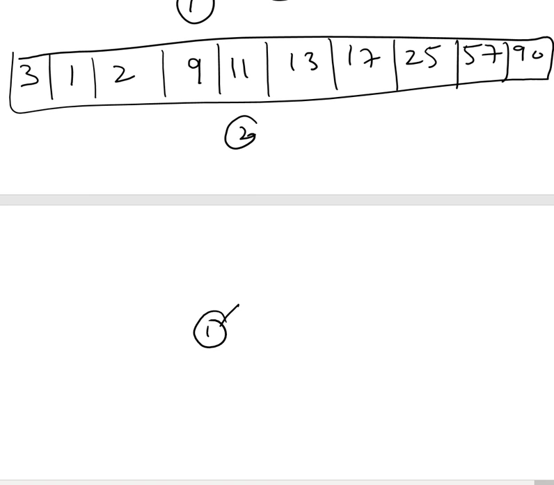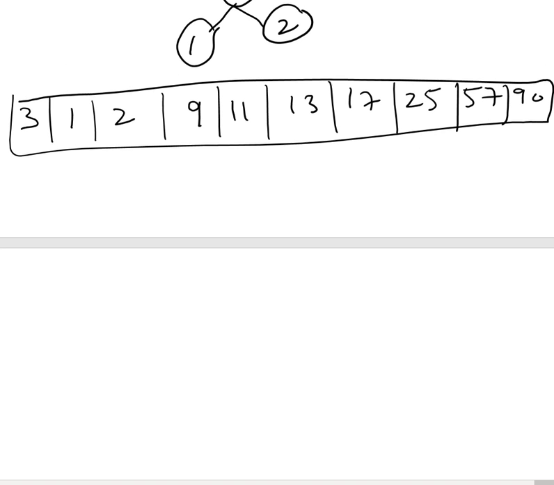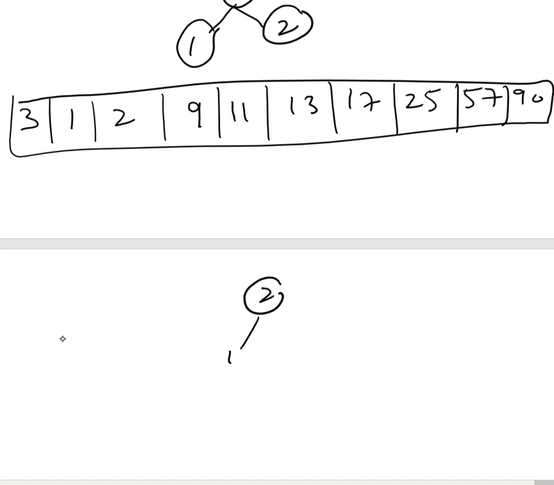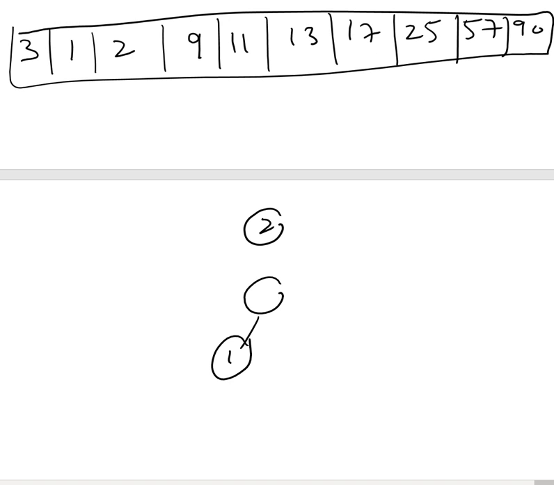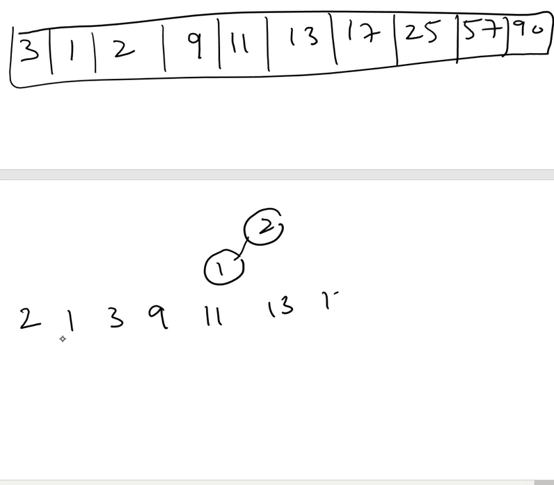Now what will be the thing? We have 2, 1. Now what will the array be? 2, 1, 3, 9, 11, 13, 17, 25, 57 and 90.